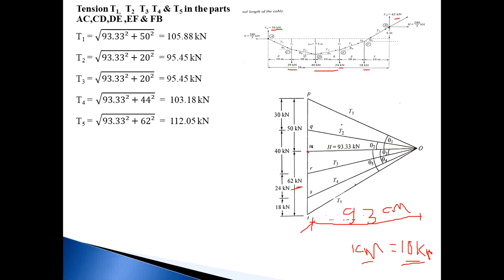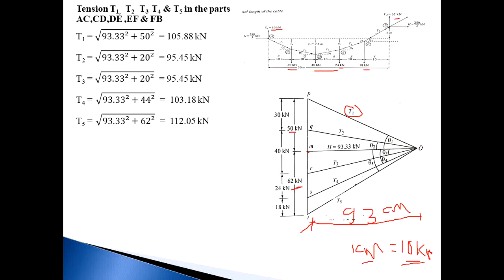Okay, now I want to find the tension in string T1. So use triangle PMO. OM is the base for all triangles, and the OM distance is 93.33 kilonewton. The PM or MP distance is 50.